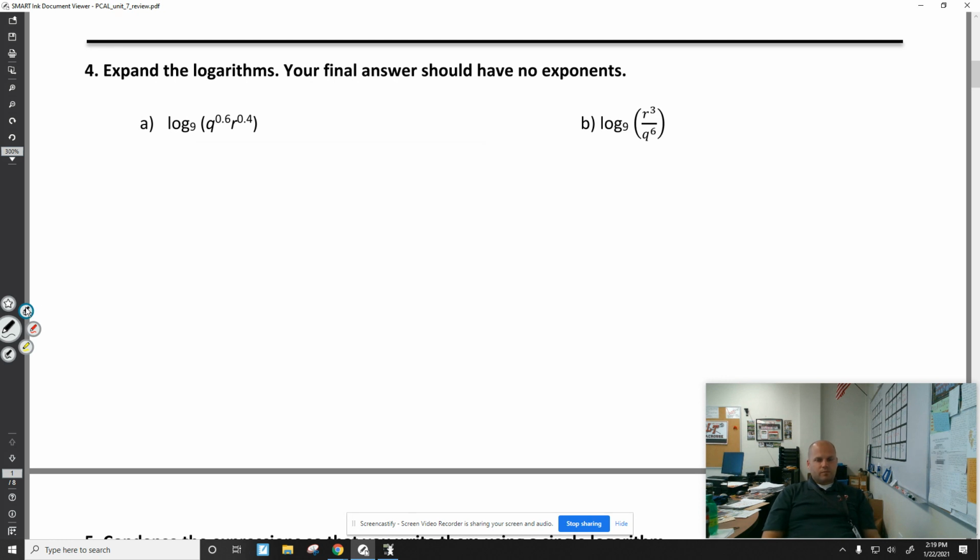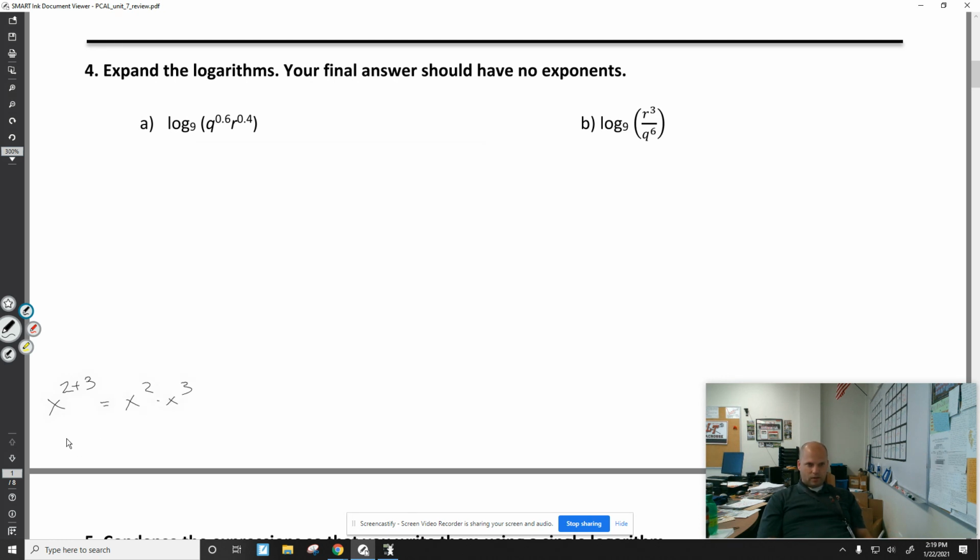Expand the logarithm. Remember some logarithm rules with expansion and contraction. Logs work like exponents. So some rules, we'll just write them down here. Similar to this rule, x to the 2 plus 3, you can write it as x squared times x cubed.